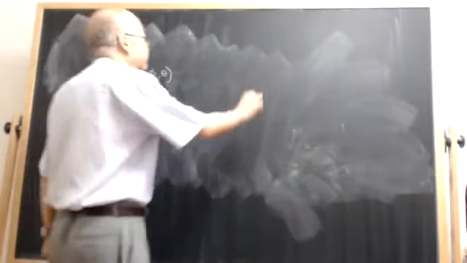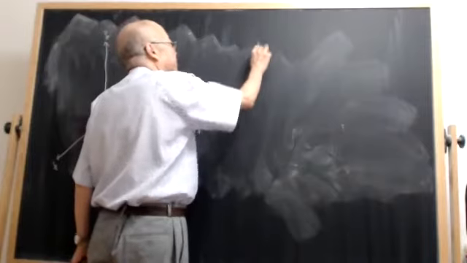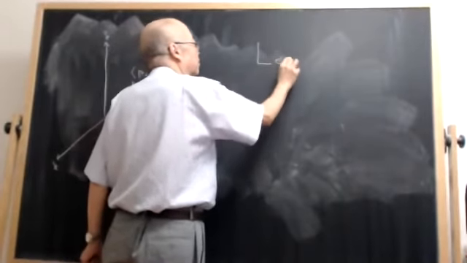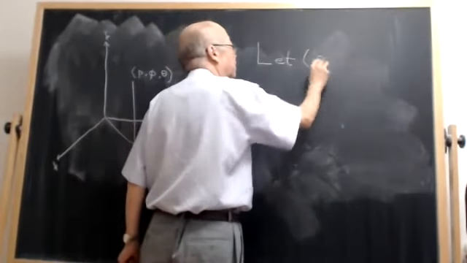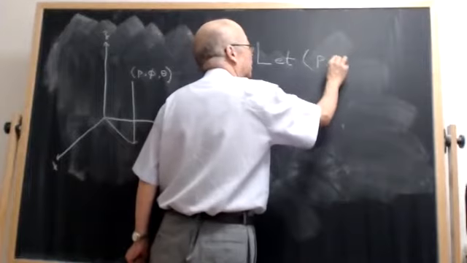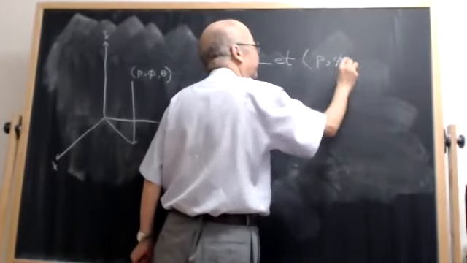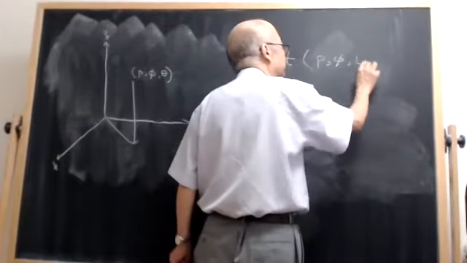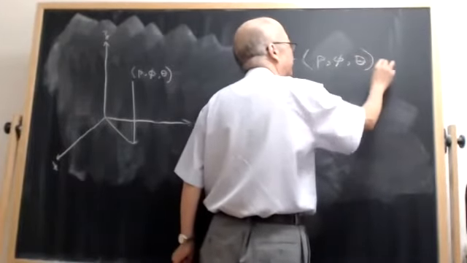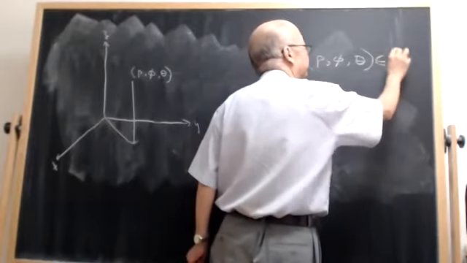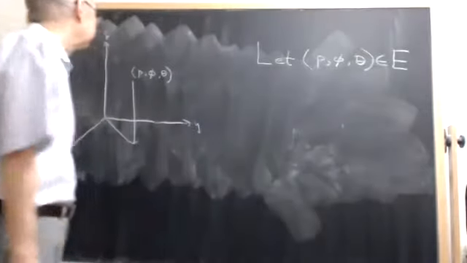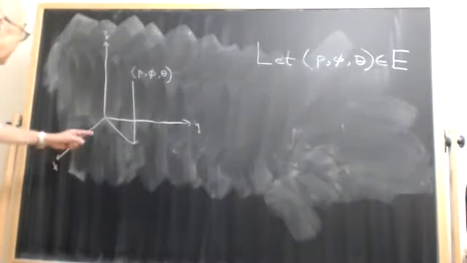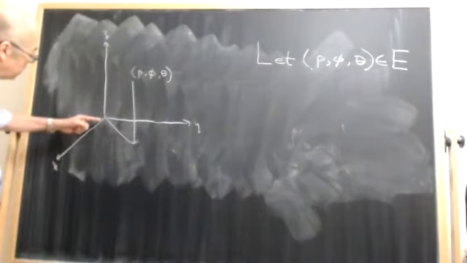Now, let me write down something. So I let rho, phi, and theta be a point in E. I have the angle theta here.